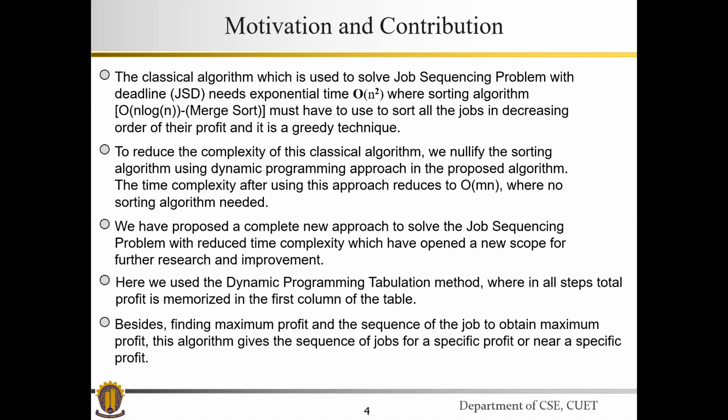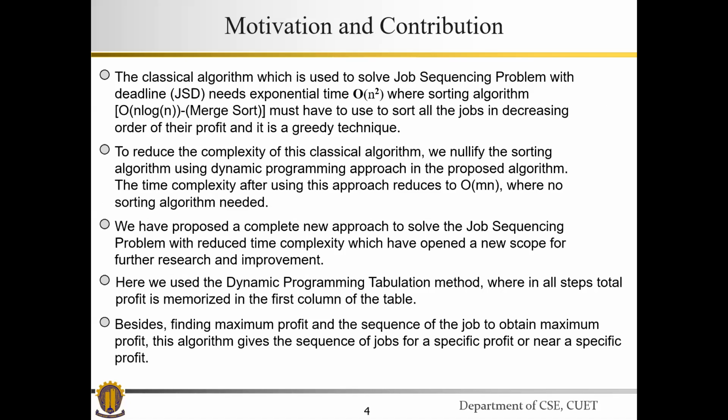Here are the motivation and contribution. The classical algorithm, which is used to solve the job sequencing problem with deadline, needs big O of n squared time, because they have to use a sorting algorithm, and they have to go through all the jobs again and again to fill up the slots to get the maximum profit and the maximum profit sequence, and they use a greedy technique.